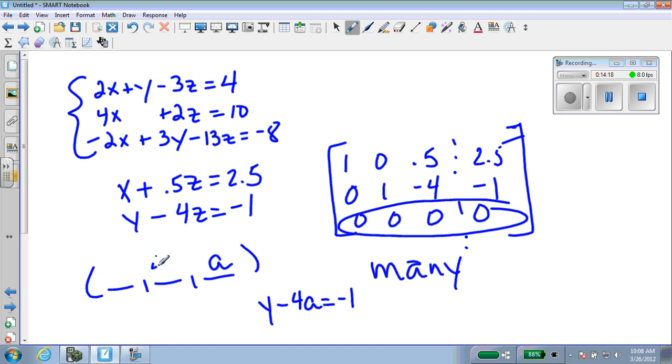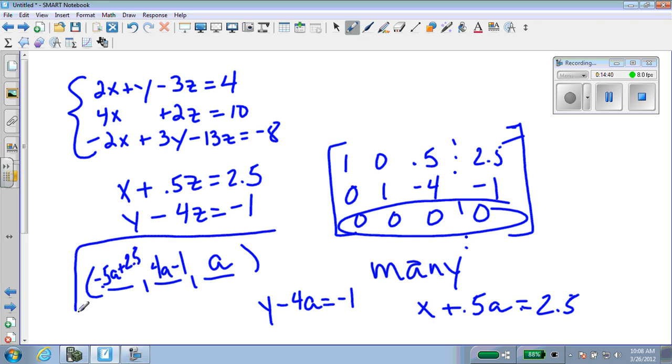So if I add 4a to both sides, 4a minus 1 is y, and x plus 0.5a equals 2.5. So negative 0.5a plus 2.5 is x. So here are our many solutions.